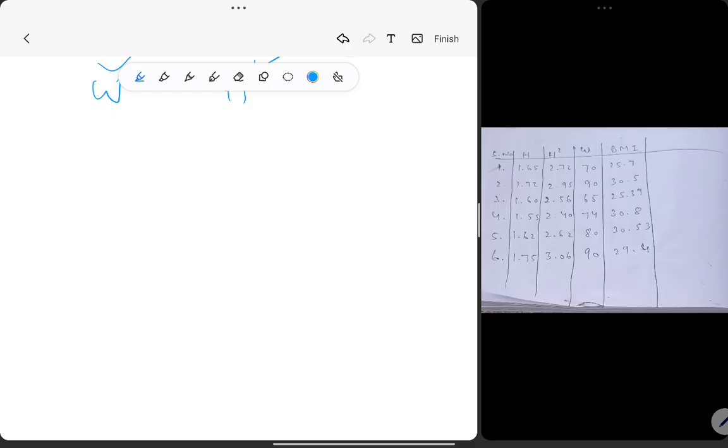What is it? Suppose we have the first data point. We have a graph paper here. On this graph paper, I am going to plot these two inputs. Which inputs? Weight and height. I will take weight along this axis and height along this axis.